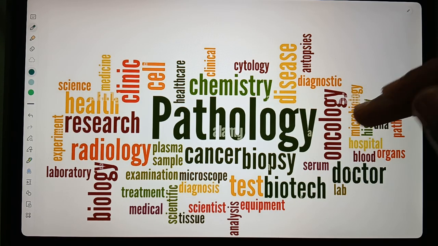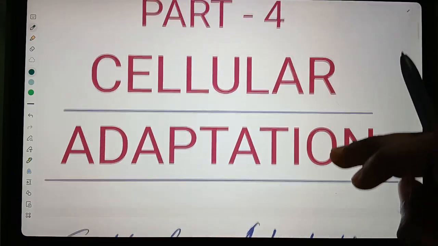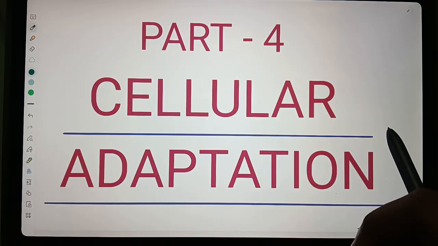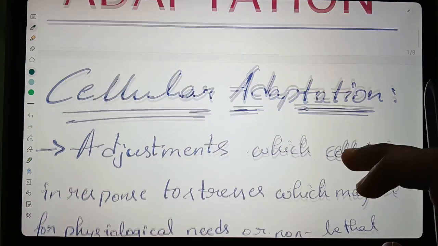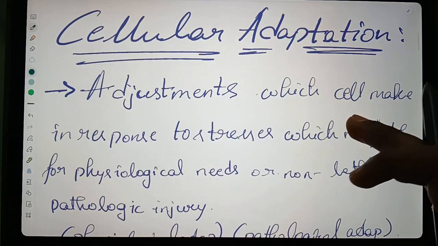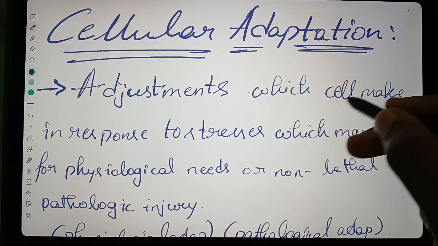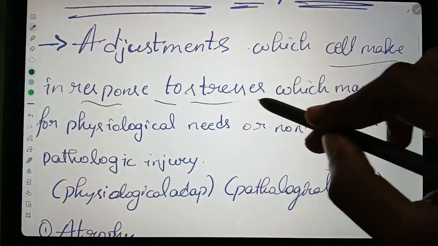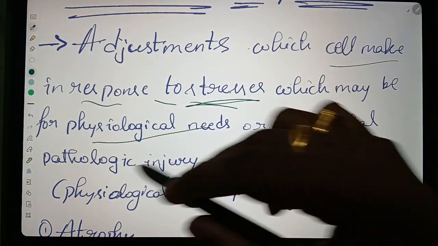In this video, we are going to explain the pathology part of cellular adaptation. It is a small topic. Cellular adaptation is the adjustment the cell makes in response to stresses, which may be physiological or non-lethal pathological.